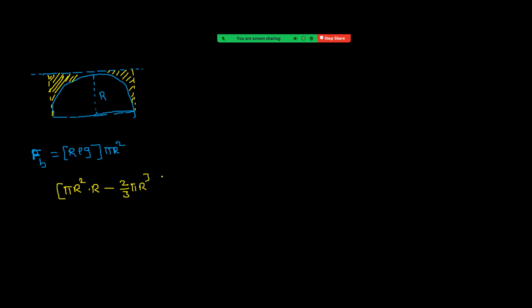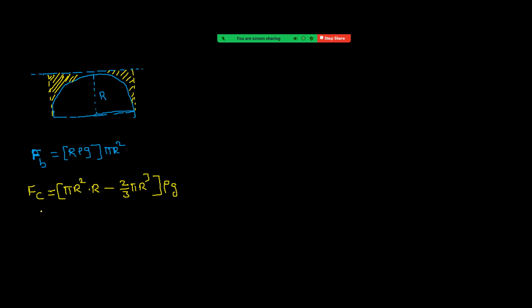So this gives us the volume of the liquid present in this part. That volume into the density of the liquid gives the mass of the liquid present in that volume, into g. This is the weight of the liquid present in that volume. Its weight is acting on the curved part of the hemisphere. This is the force acting on the curved part.